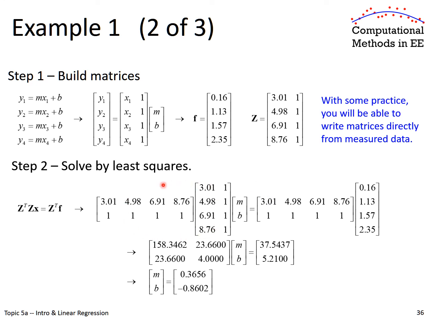When we multiply these two rectangular matrices together, we get a small square matrix. And on the right-hand side, we multiply our rectangular matrix by our column vector of measurements, and we end up with a small column vector. This is easily solved for the unknown coefficients m and b.